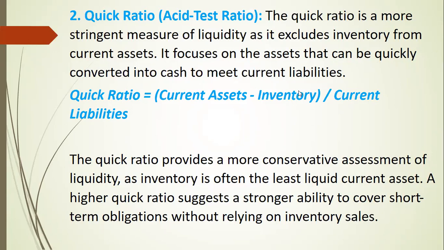The quick ratio provides a more conservative assessment of liquidity, as inventory is often the least liquid current asset. A higher quick ratio suggests a strong ability to cover short-term obligations without relying on inventory. So it's a more conservative assessment of the health of the company, in other terms.